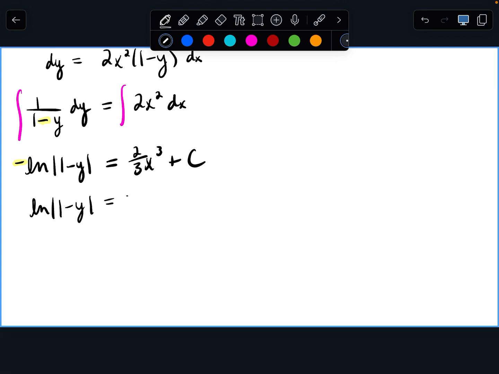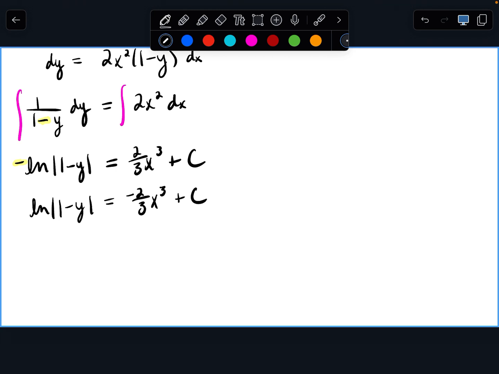Oh, this might be what you're talking about, Claire. So you get negative 2/3 x cubed, and any algebra stuff gets absorbed into the c. So you can still write plus c as your answer. It's just that your ending c might be a negative number. So it gets absorbed.